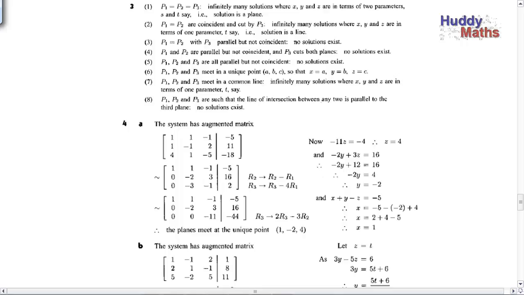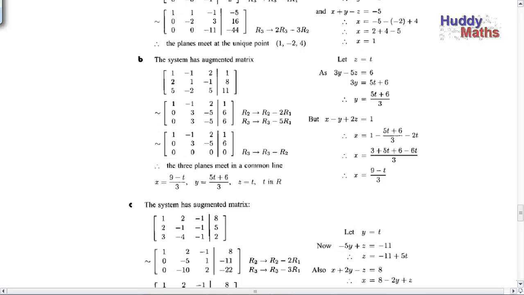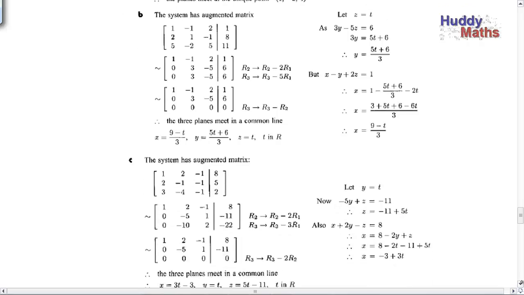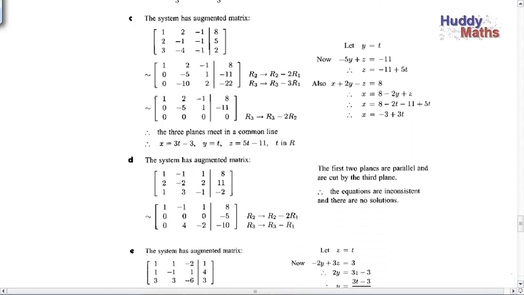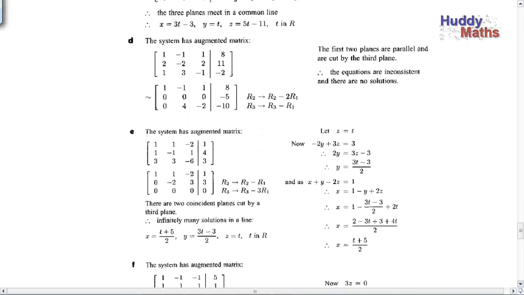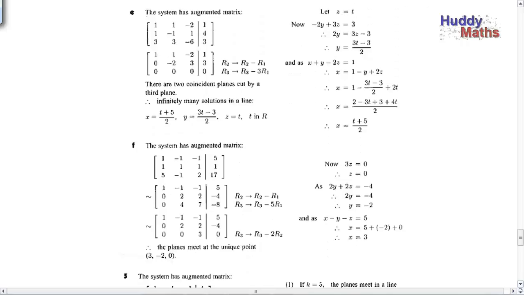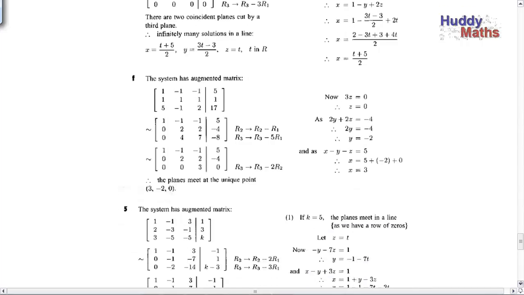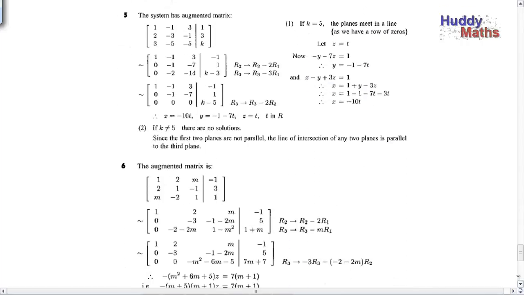No, we've got 3 and 4 part A. And then part B and C, see if we can get those on there. No, just B. Okay, and then C and D. And then E and F. And then question 5 and part of 6.